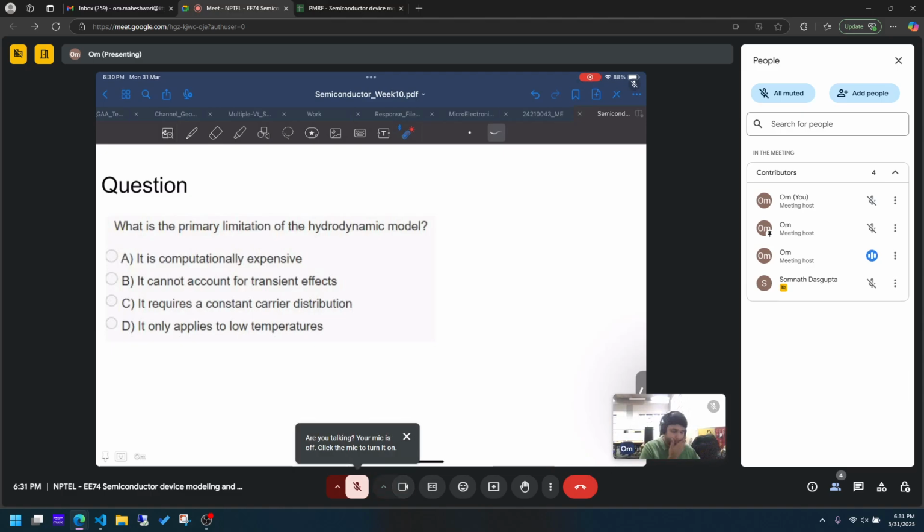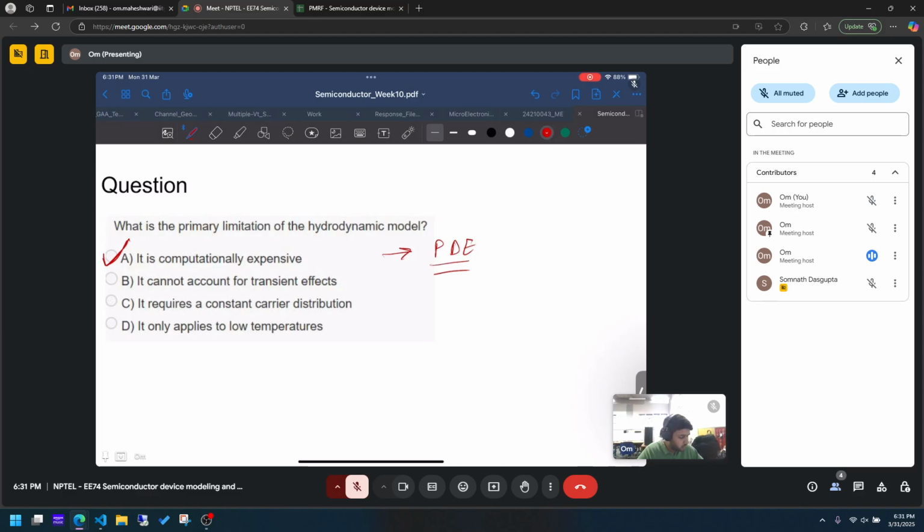Okay, so do we have an answer for this? Okay, so actually the answer is it is computationally very expensive. It requires solving multiple partial differential equations, which makes it extremely expensive to solve.